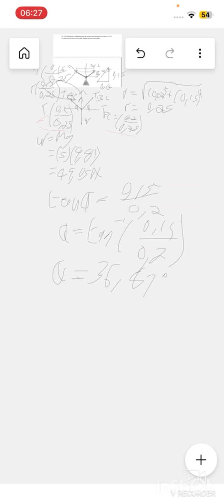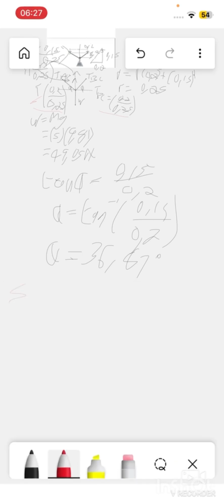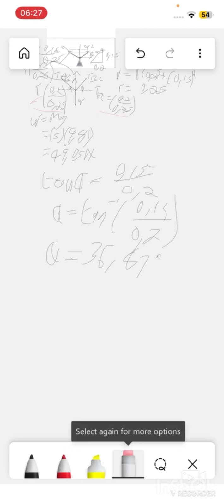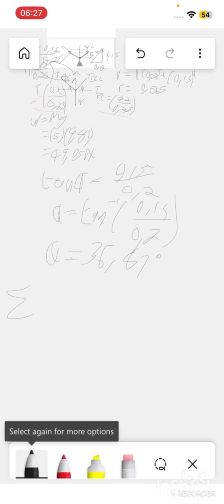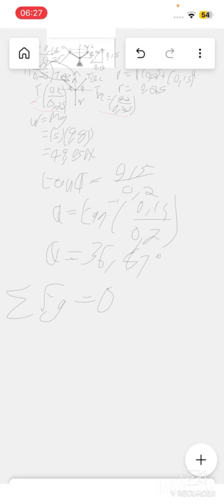The summation of the y, the summation of vertical forces is equal to 0.